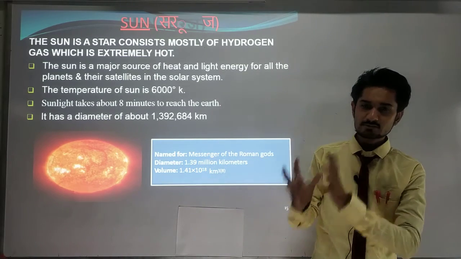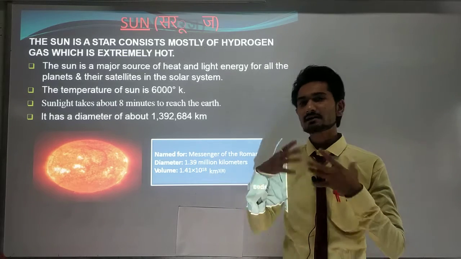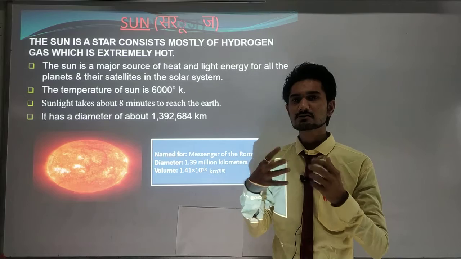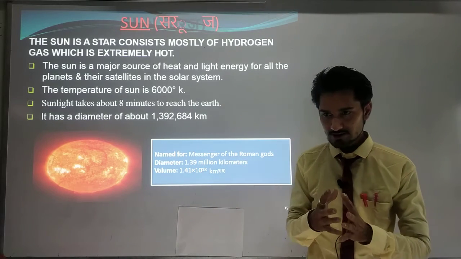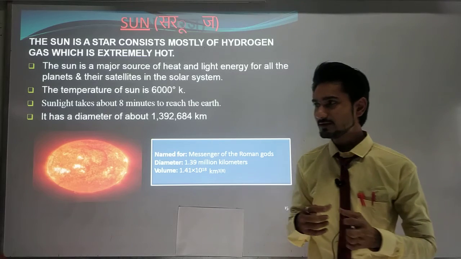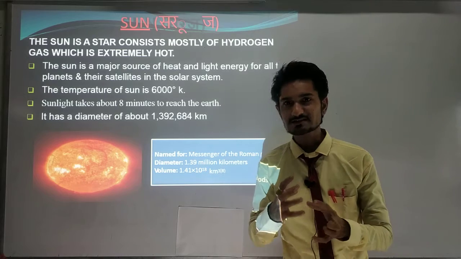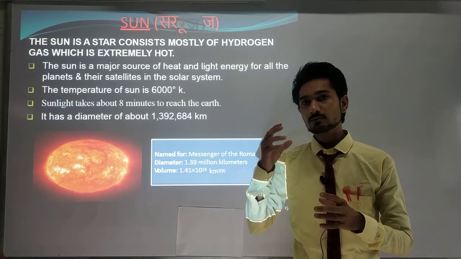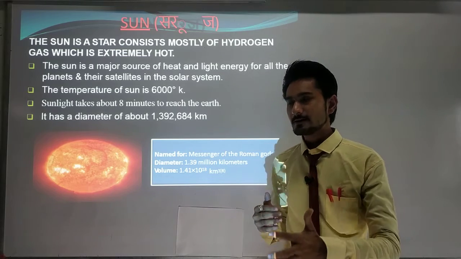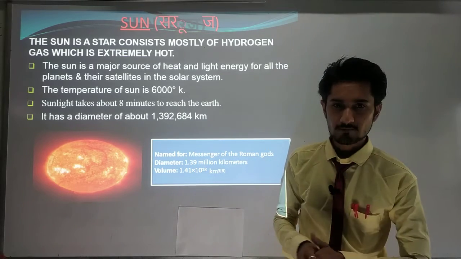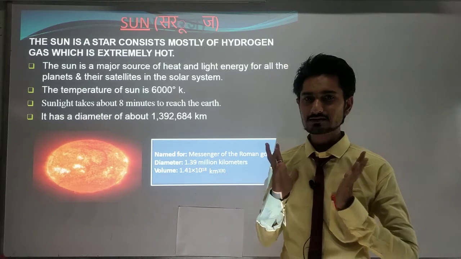Now, a very precious piece of information regarding the sun is that the star is also like us. All the stars I am talking about are like us. A star is born, afterwards it matures, it becomes adult, and afterwards it gets old. So you can visualize that the stars are like us.